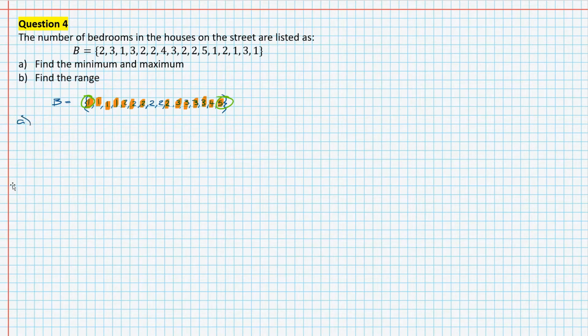So for A, our min is going to equal 1, and our max is going to equal 5. So therefore our range in this case is going to equal the max take the min, and therefore that's 5 take 1, which is equal to 4. So finishing off with some nice easy calculations.